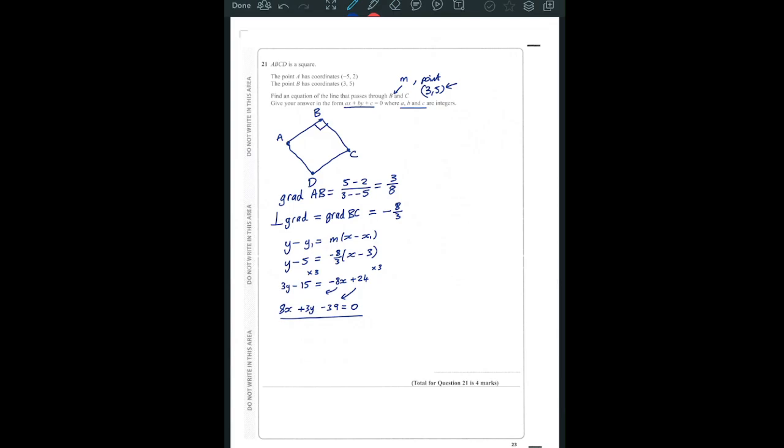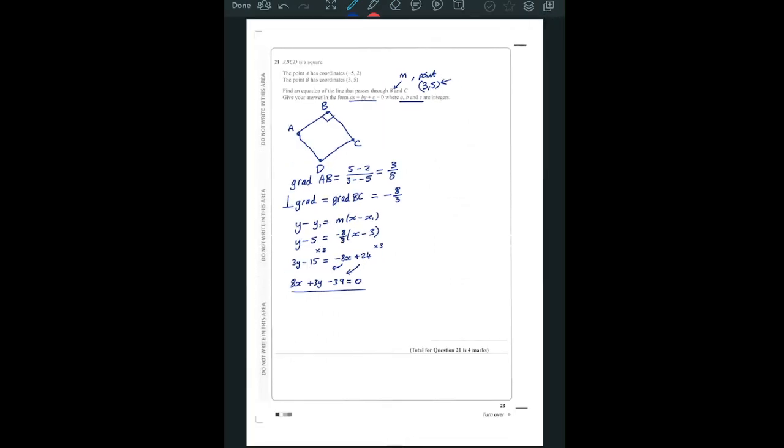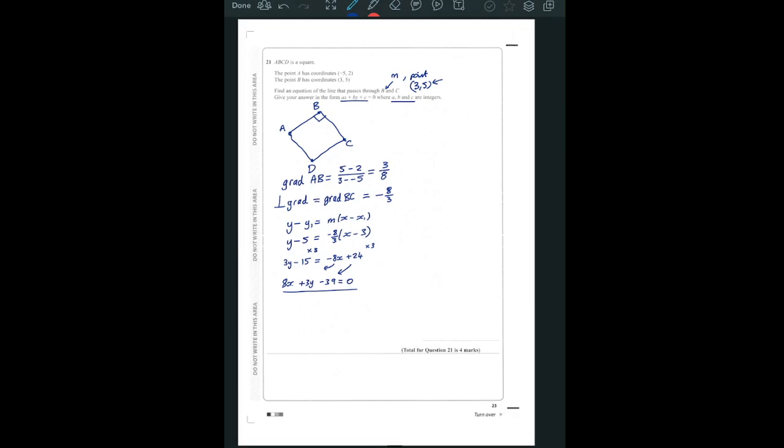Good, we wanted it to be. Not really much other amazing intuition that you could go for here. Just check your gradient carefully, check the perpendicular gradient carefully, check you've expanded out. The fact that (3, 5) is on it is a really good sign, but it doesn't really guarantee it, unlike some of the other questions where these checking techniques did.